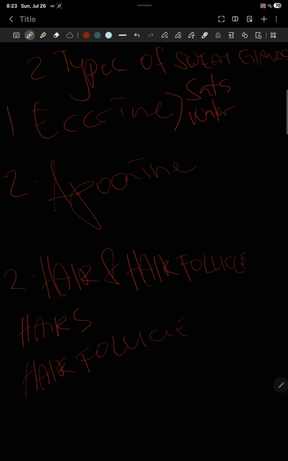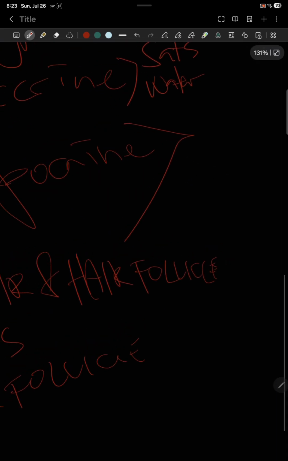Dayon si apocrine mo ni siya atong singot, sa atuang ilok, sa atuang armpit and sa atuang genital areas.